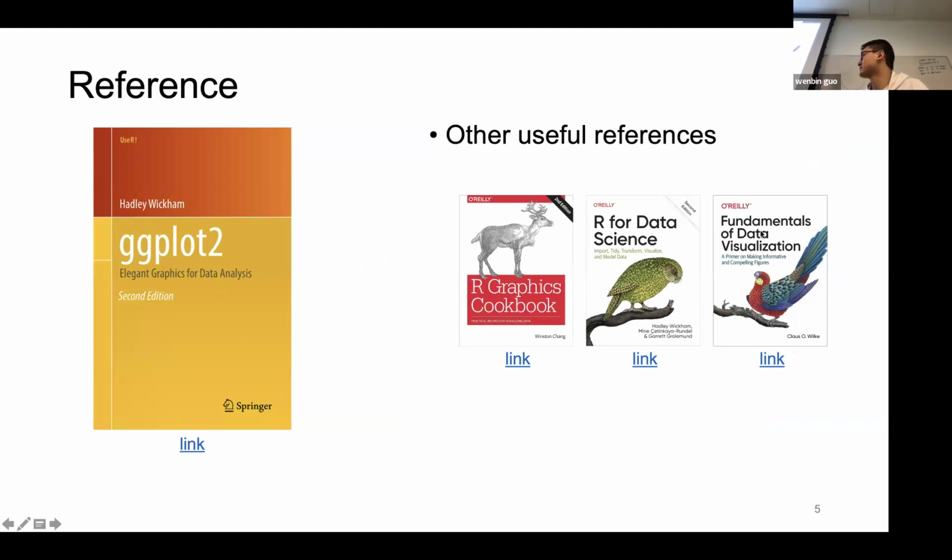I think those books were really helpful when I prepared the workshop materials. And basically, if you read all of them, you actually will be better than me. So I highly recommend them, especially ggplot2: Elegant Graphics for Data Analysis, and also R for Data Science. Those are also very famous books in the R community.